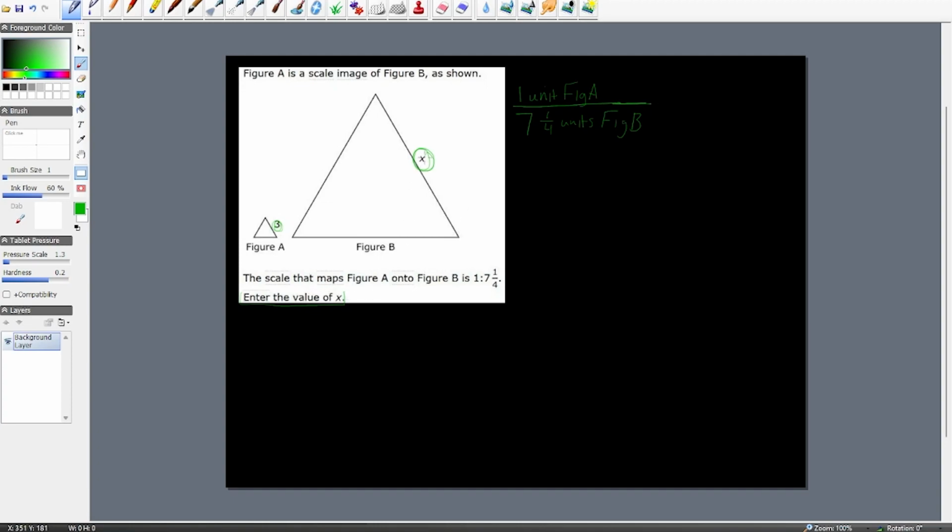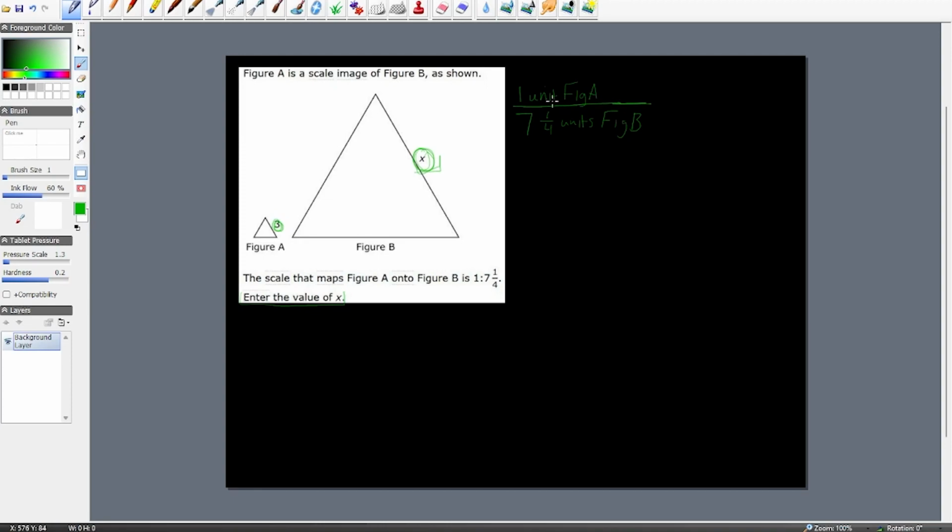And we're now asked to find, what about the case when figure A has a side that is 3 units? What would the corresponding side on figure B be? So what can we do to this ratio, or this unit rate, however you'd like to think of it, it's the same thing, to arrive at a case where figure A is 3 units?